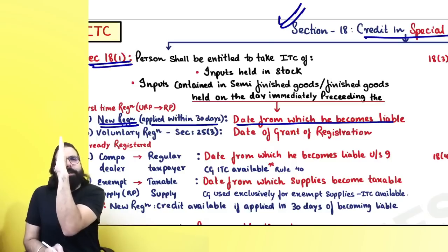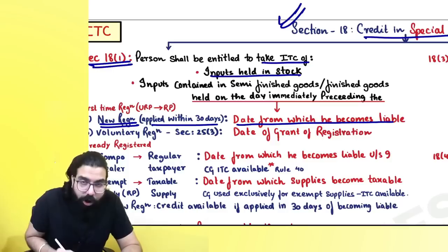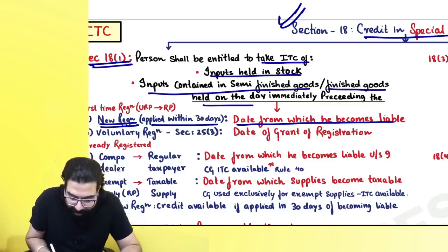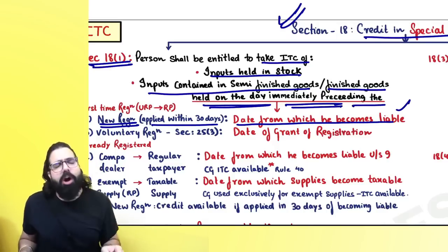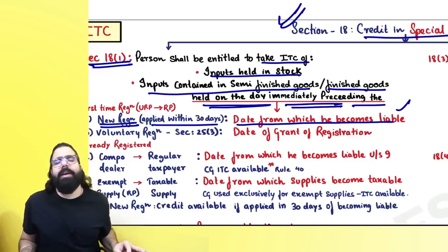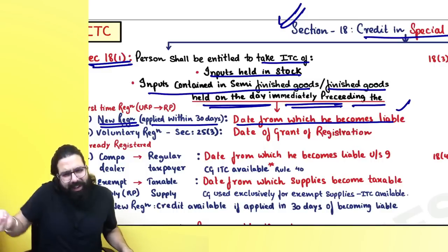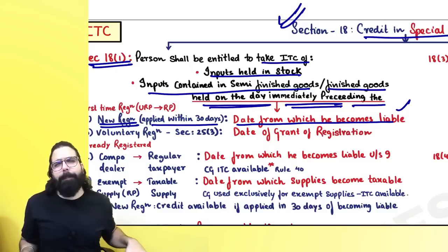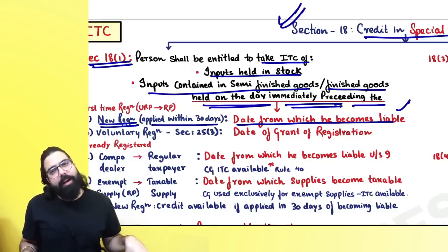Then 1 day prior to the date of becoming liable, whatever input is there in stock, in semi-finished goods or finished goods held on the day immediately preceding the date of becoming liable. Basically, you will not get credit on capital goods; you get credit on inputs lying in your stock, semi-finished goods, and finished goods. On those inputs, whatever GST was paid, you will be able to take the credit.